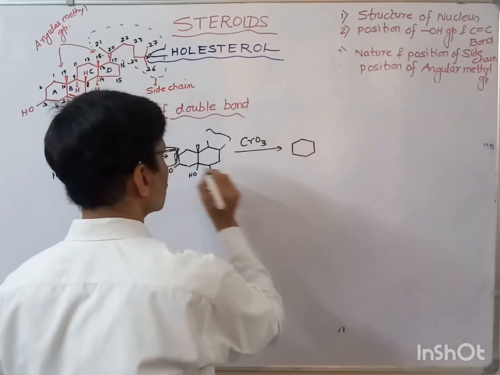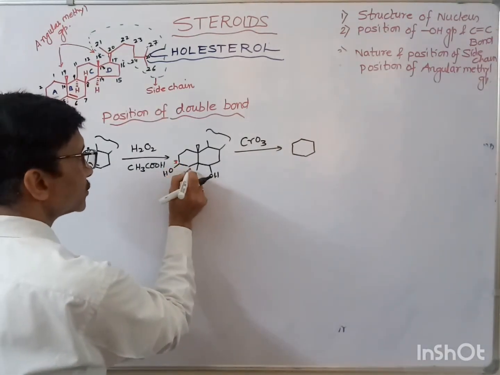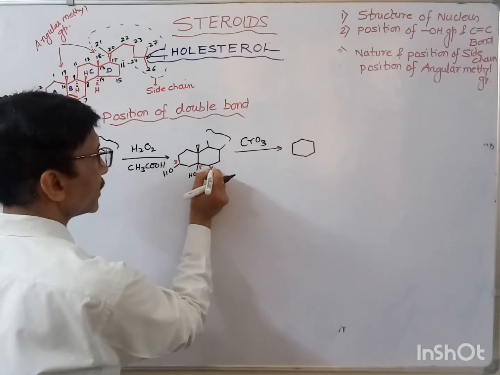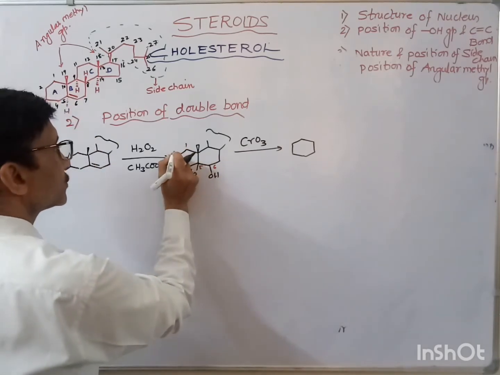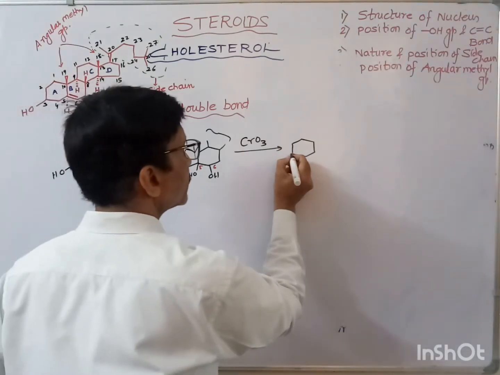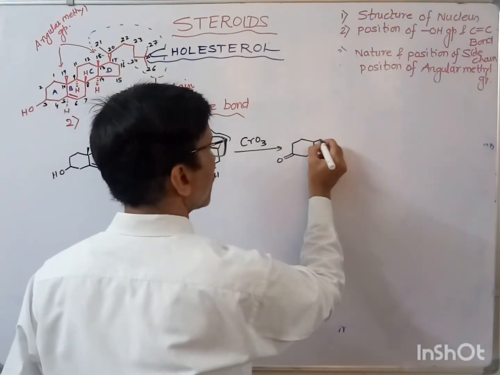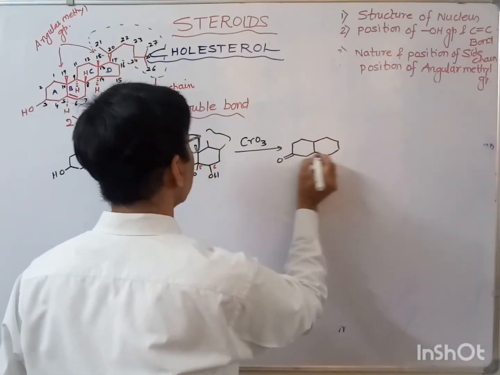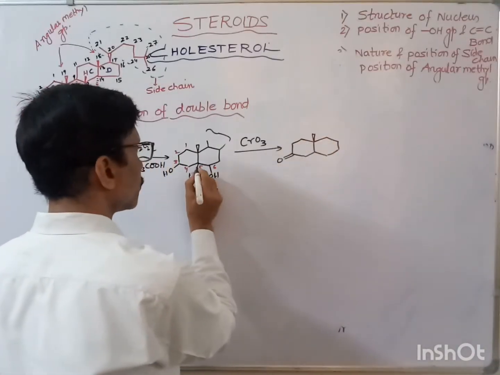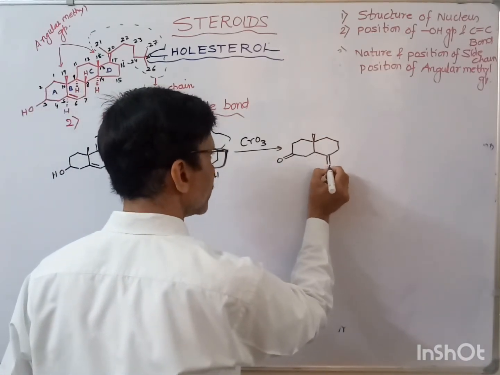If you count, this is the third position, this is fourth, this is fifth, and this is sixth position. Now this OH is converted into keto. This OH is also converted into keto.